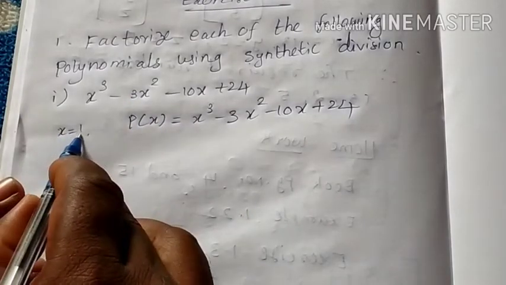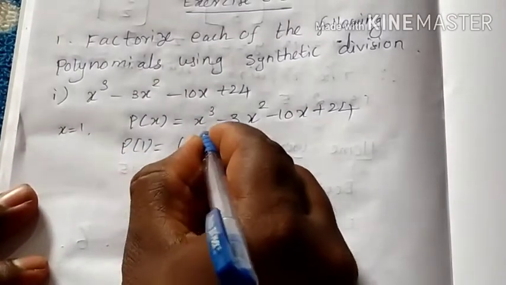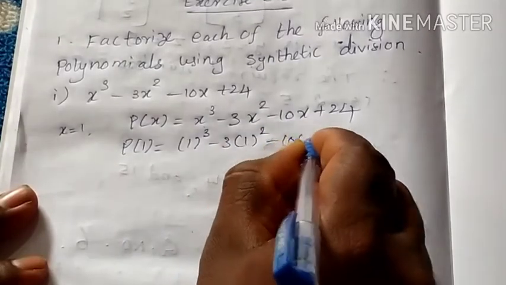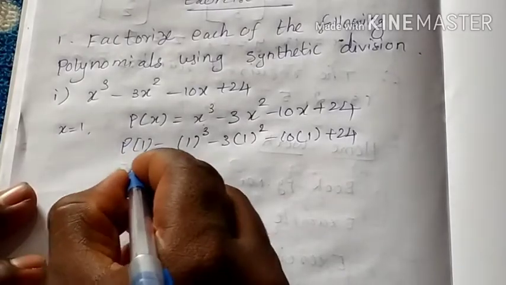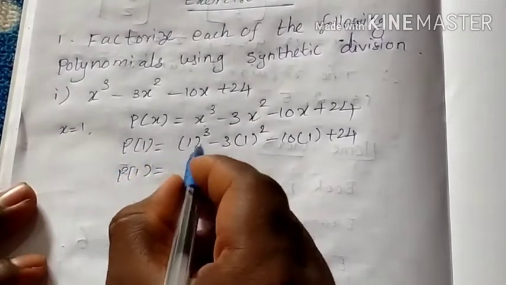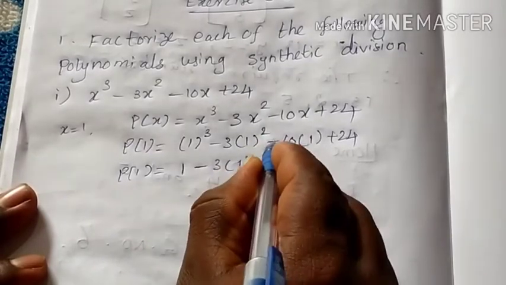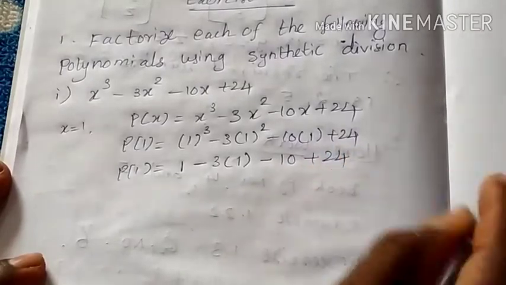Now put x is equal to 1. So p of 1 equal to 1 cube minus 3 into 1 square minus 10 into 1 plus 24. Replacing x by 1, 1 cube is 1, minus 3 into 1 square is 1, minus 10 ones are 10, plus 24.